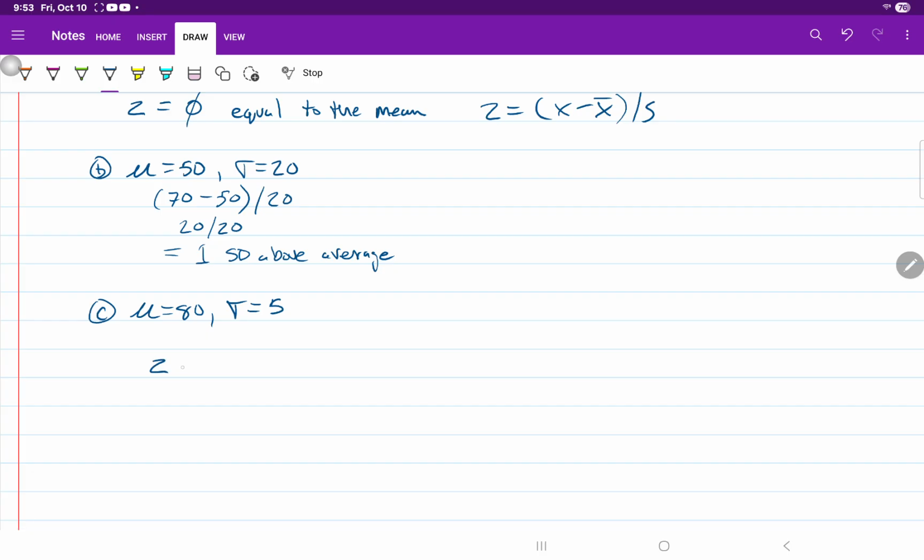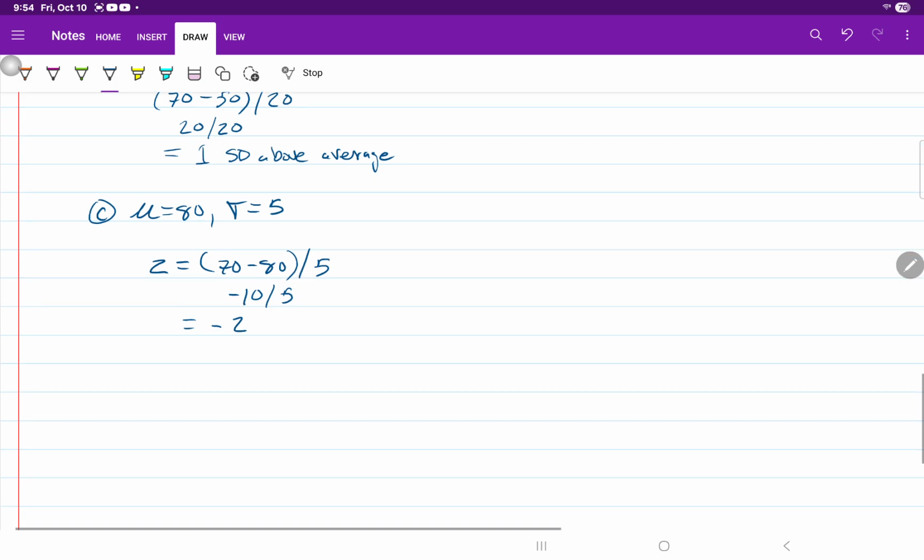Your z-score would be 70, your score, again, minus 80 divided by 5. And that's going to be negative 10 divided by 5, which gives you a z-score of negative 2. So you did a lot worse in this class. Time to study a bit.